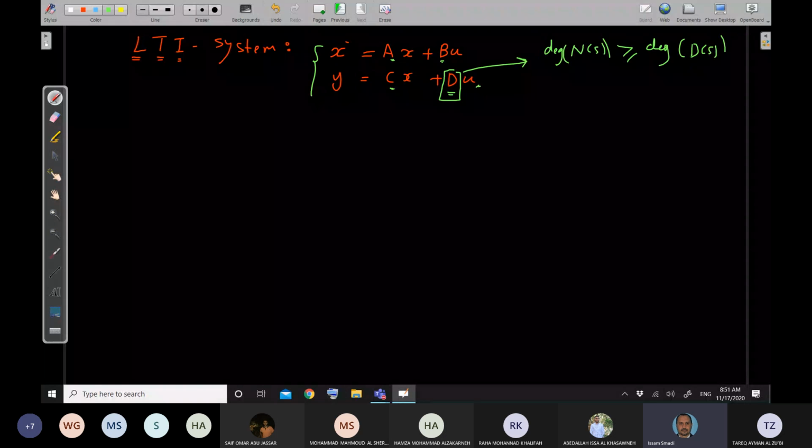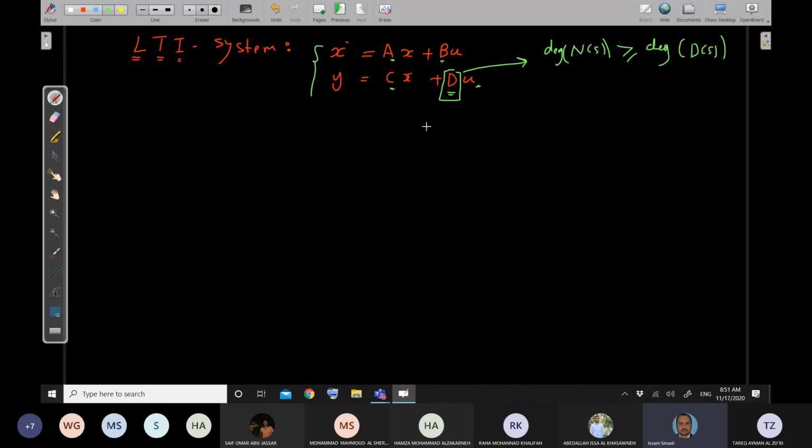In this case, for sure, you have what here? The direct input matrix. But in general, a physical system is a proper system, which means that the degree of n of s is less than the degree of d of s. Now, this is the time domain. In the s domain, I think last time we stopped here.